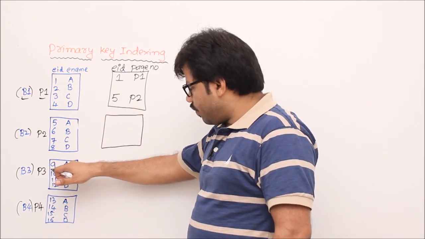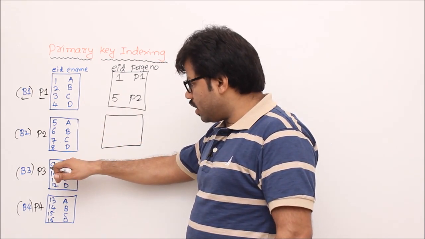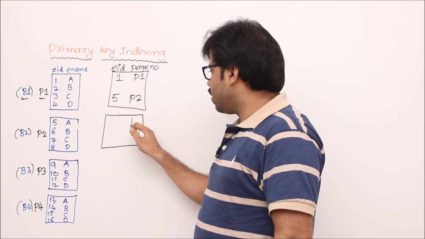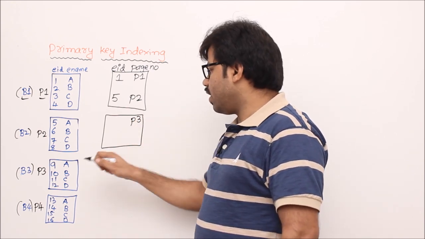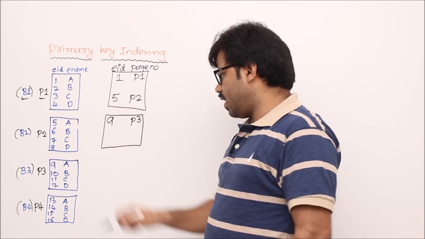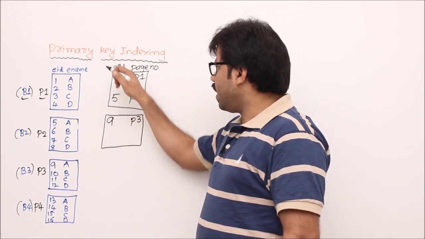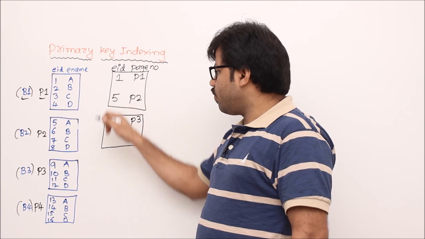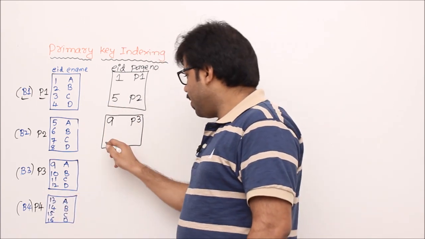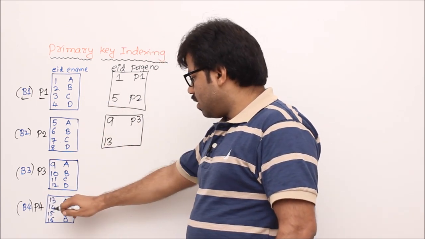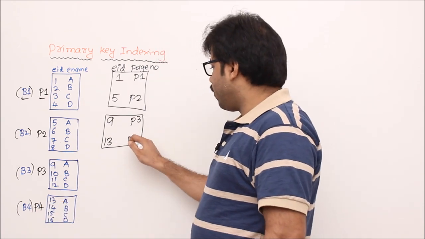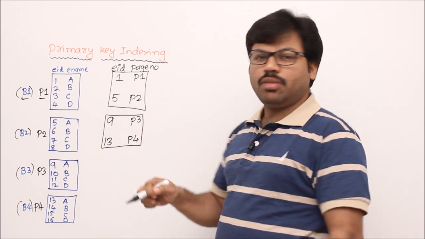Here that software should put some pointer to this block, that is P3. So P3's starting record is employee ID 9 comma P3. Since we are creating the index on employee ID, we use that field. Then 13 comma and the pointer P4. In that way, these page numbers are actually pointers to the pages.